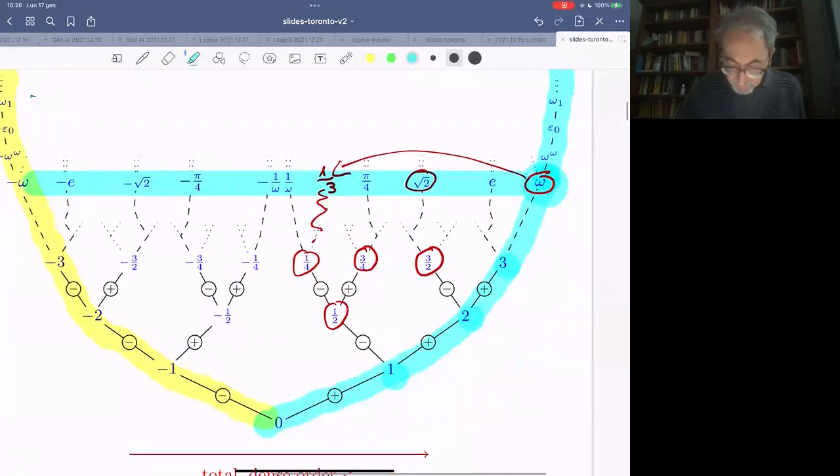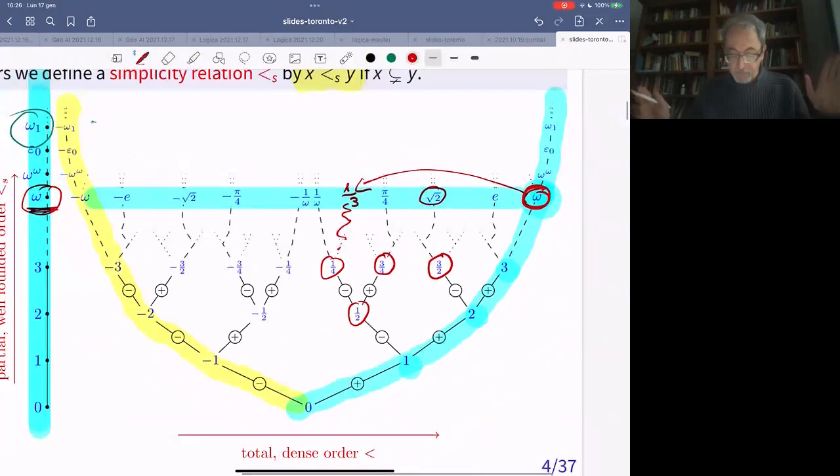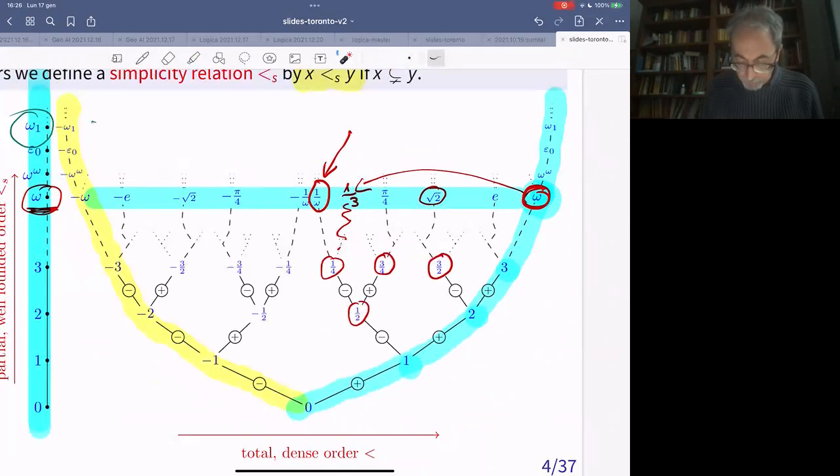For instance, omega itself. Omega itself is not a real number, but it has birthday omega. Or 1 over omega, this is infinitesimal, it is not real. But all the real numbers will appear either at this level or below, at finite level.